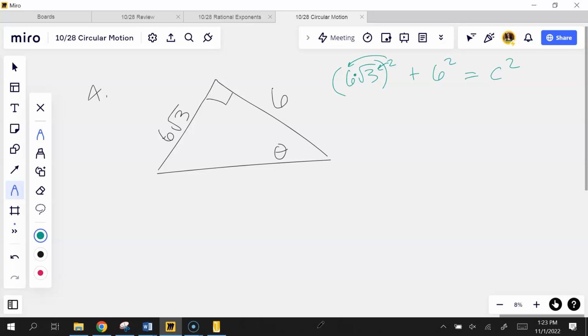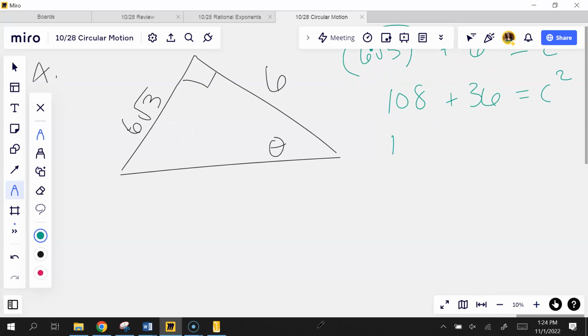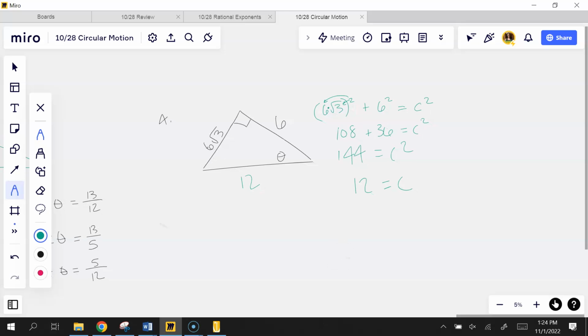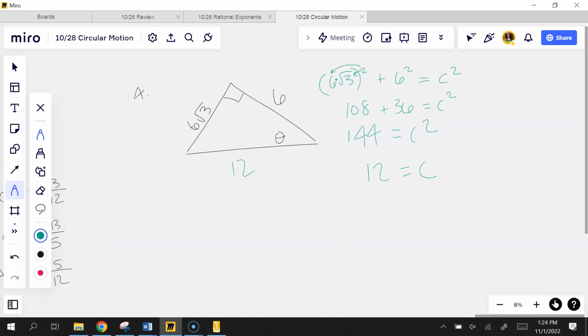What is 36 times 3? 108. 108 plus 36, 144. My hypotenuse is 12. Once I get that piece of information, the trig functions are a cinch, right?